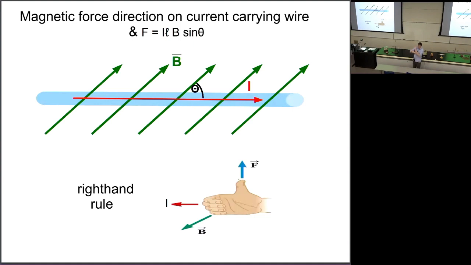So in my picture on the screen, I'm trying to draw the field going into the screen. So I would point my fingers going into the screen. The thumb would then point in the direction of the force on that electrical current in that magnetic field. So it's the same right-hand rule because it's really the same field equation, but just cast in the language of current rather than a single moving charged particle.